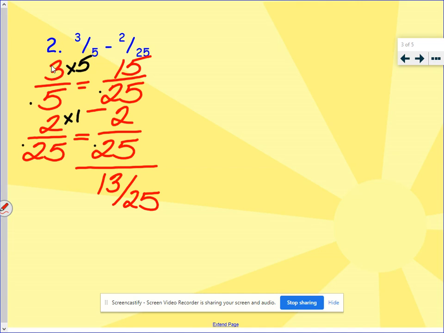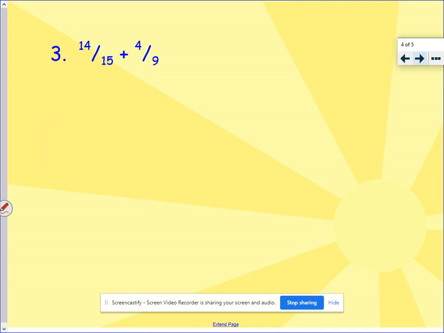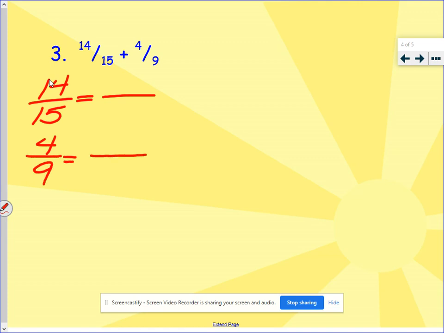Our third and final example, we are going to take 14/15ths plus 4/9ths. We set up our problem vertically. And now we have to ask ourselves, what is a common denominator of 9 and 15?